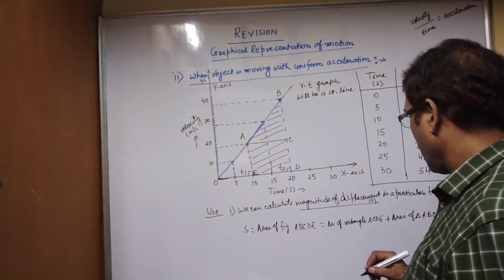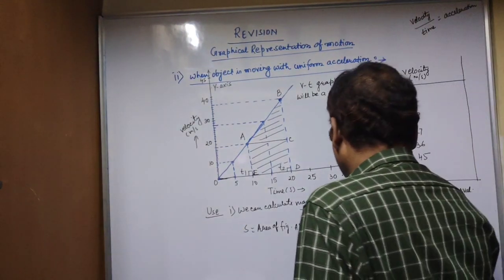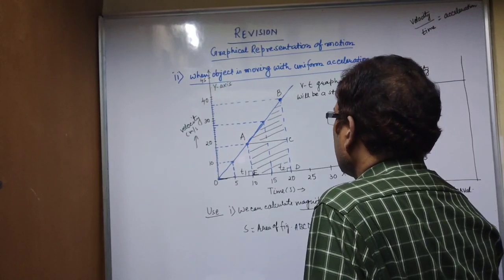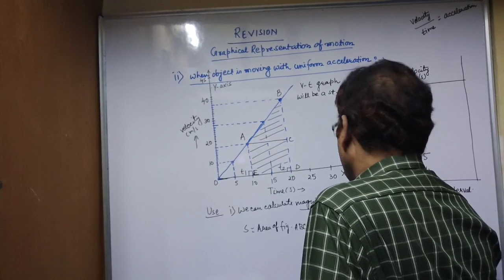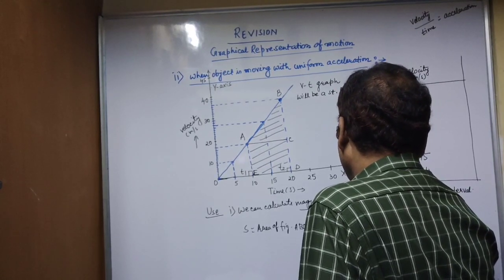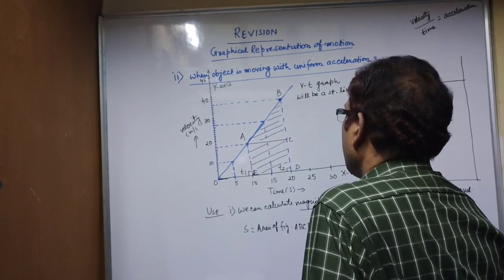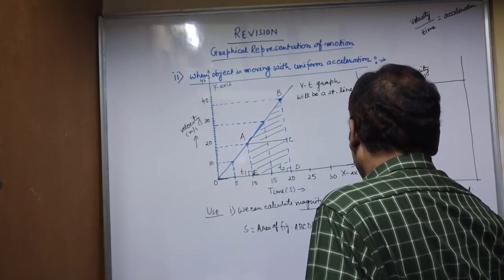So area of rectangle, as you know, length into breadth, so it will be BD, or AC is the length and breadth is AE or CE.